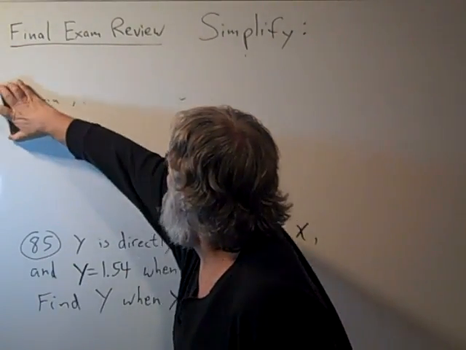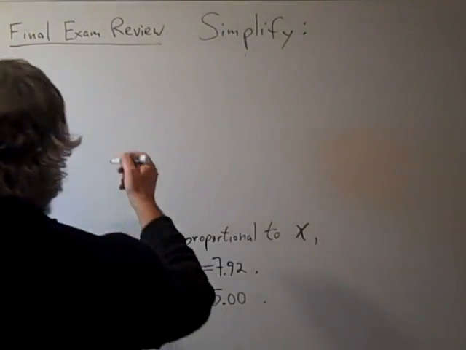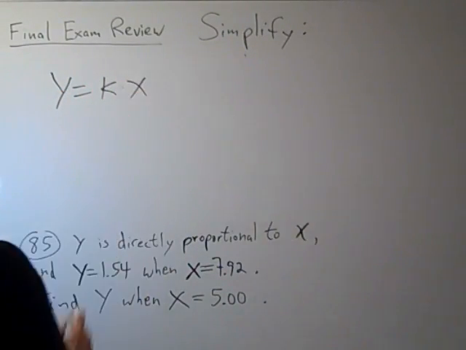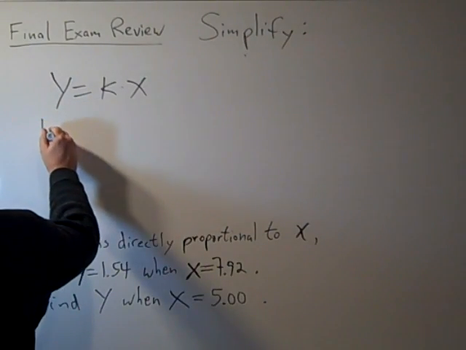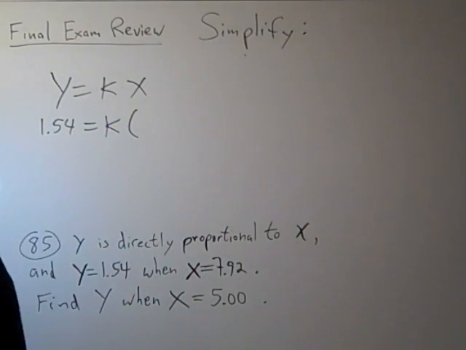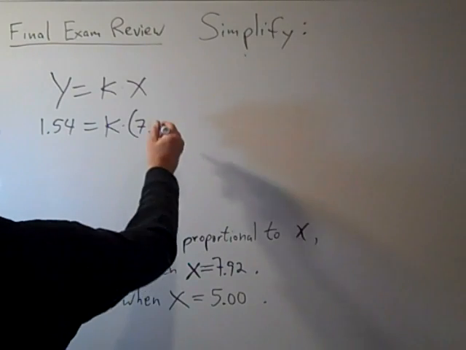Well, to begin with, Y is directly proportional to X, so we know that Y is equal to K times X for some constant of proportionality K. We're told that Y is equal to 1.54 when X is equal to 7.92.